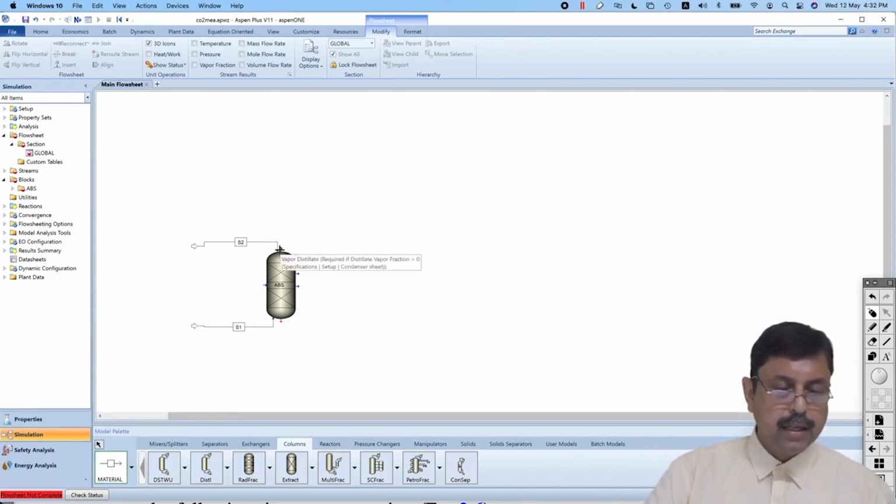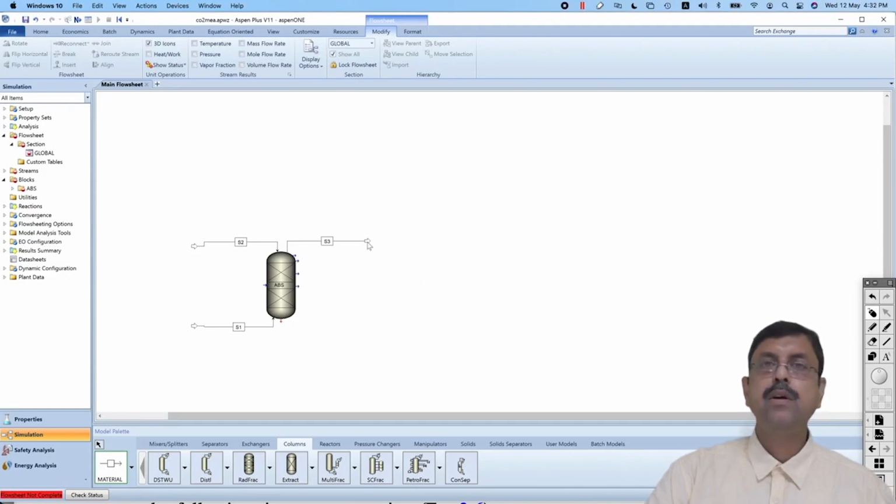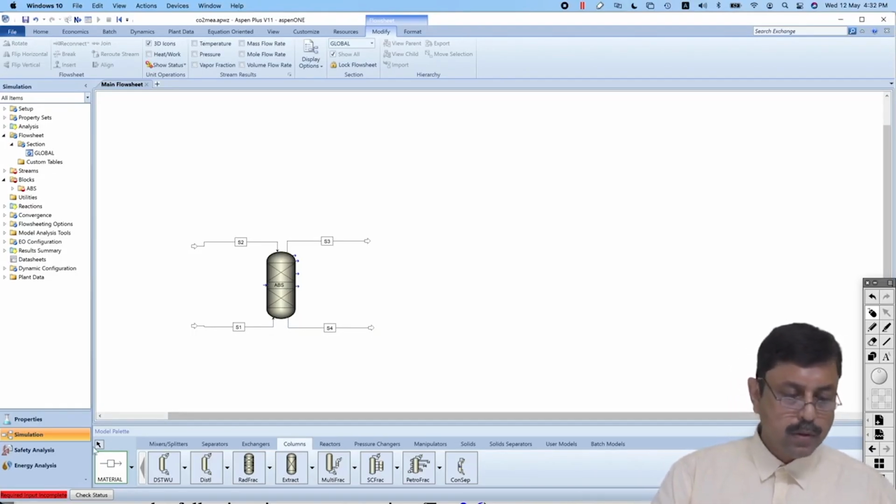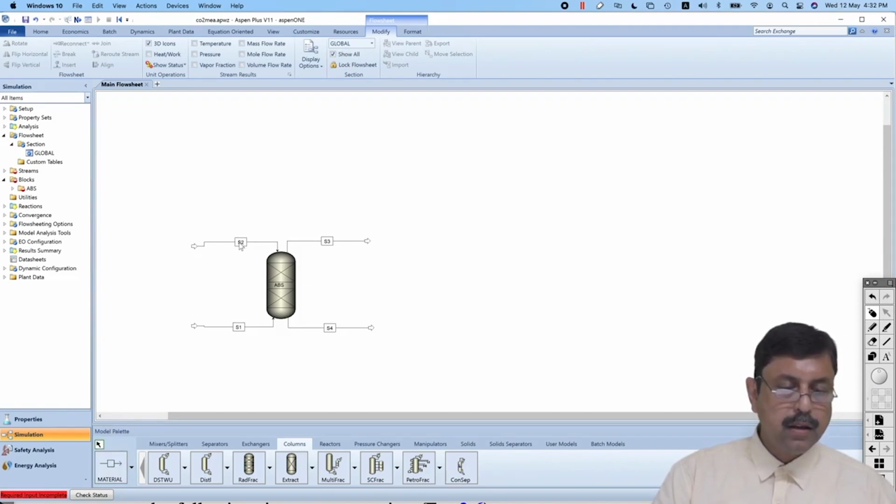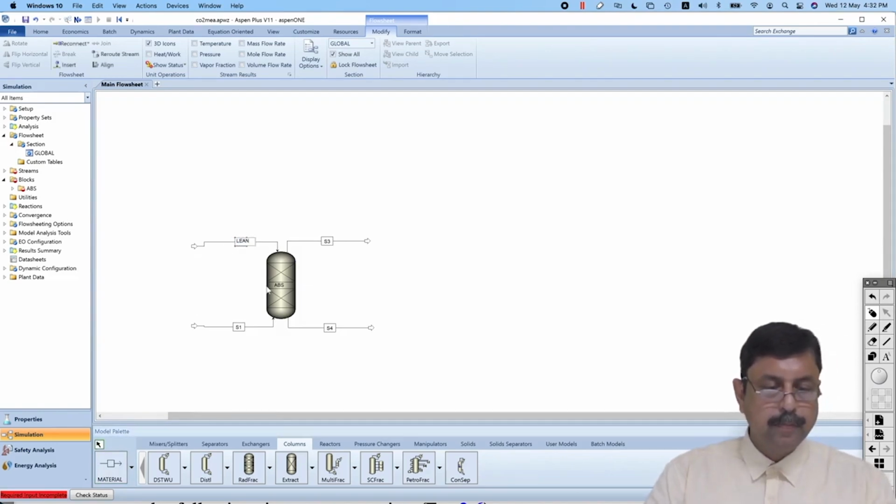And this will be the gas out, which will be clean gas. That means this gas will not contain any significant amount of CO2. And this is the rich amine. That is amine filled with CO2. We rename them accordingly. We say this is lean. This one is flue.